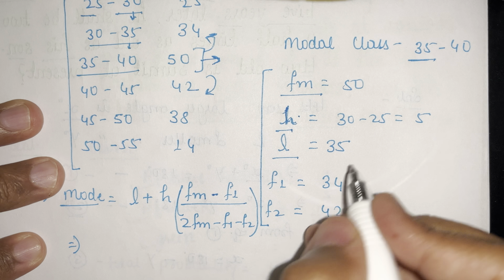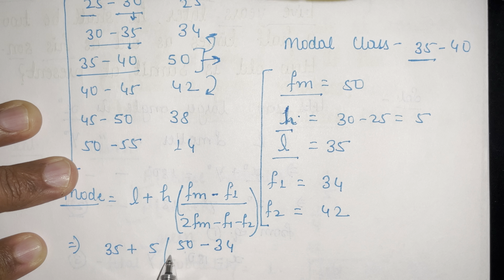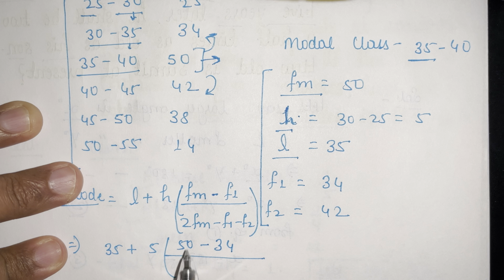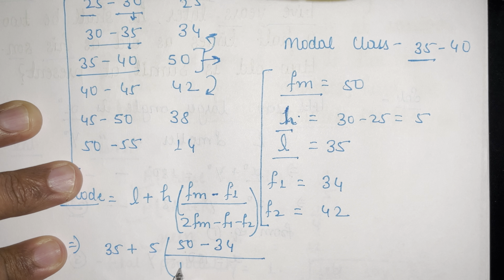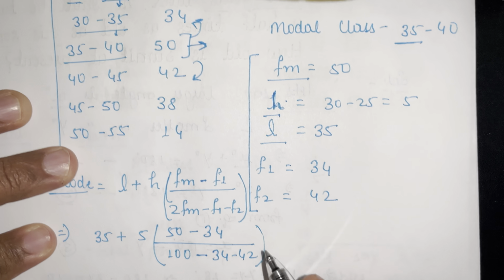Now you just have to place these values. L is 35 plus H is 5 times FM, which is 50, minus F1, 34, divided by 2 FM. So 2 FM will be 100, 2 into 50, minus F1, 34, minus F2, 42.